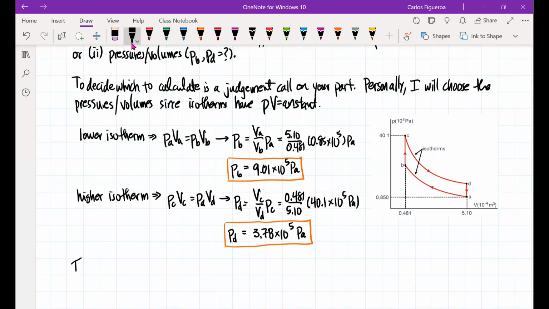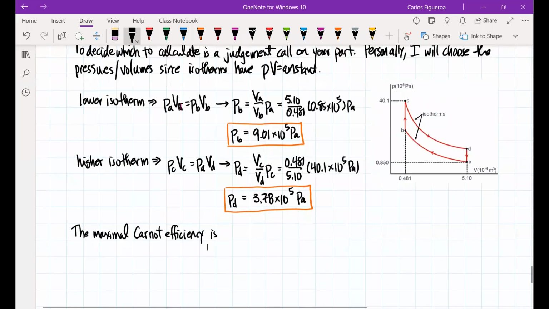So now I'm going to do the maximal Carnot efficiency, which is going to be given by this here.